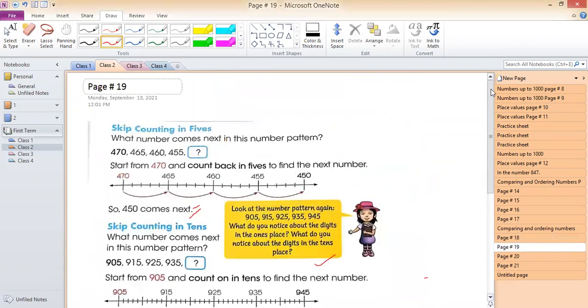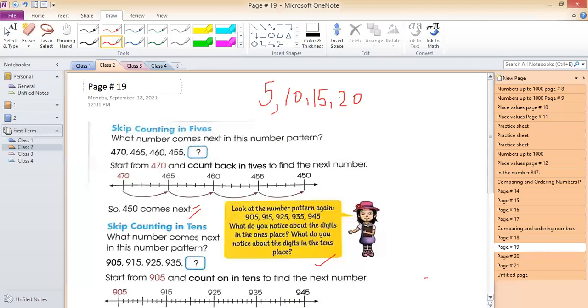Now on page number 19. Skip counting in fives. In skip counting in fives, let me again give you the simple example first. 5, 10, 15, 20.